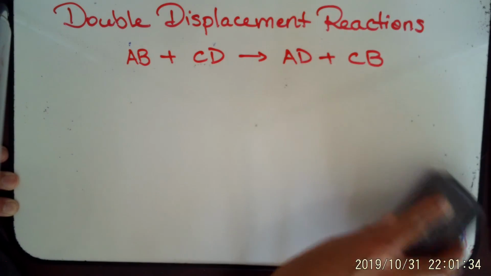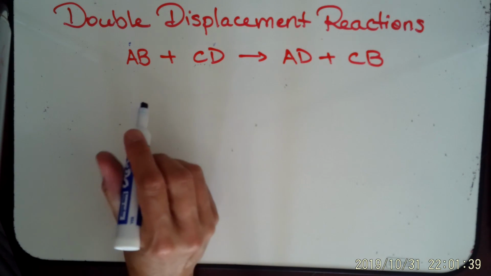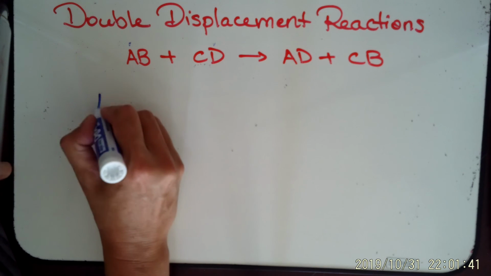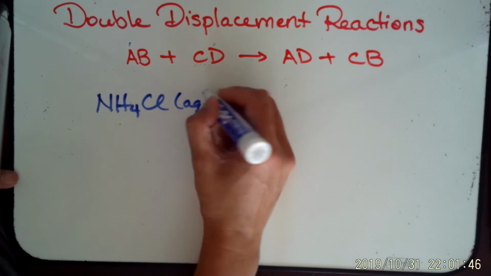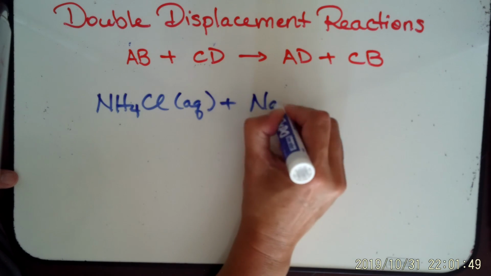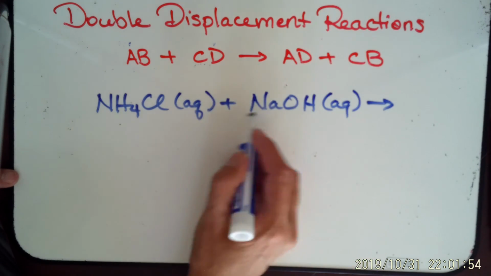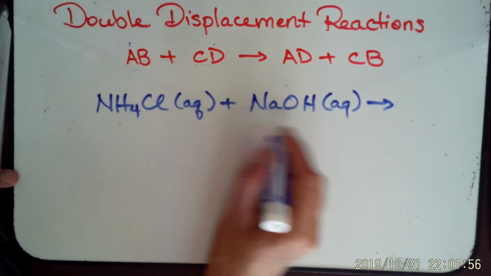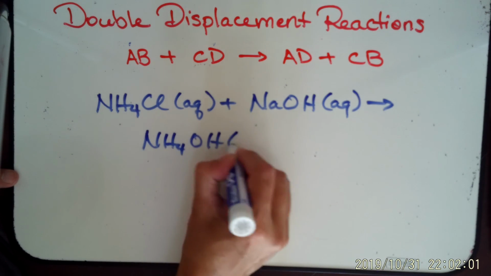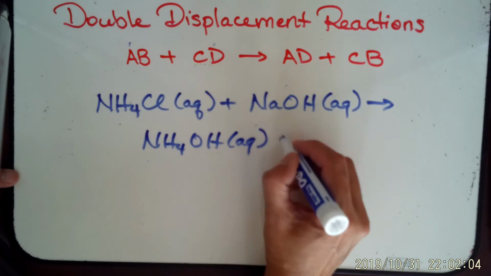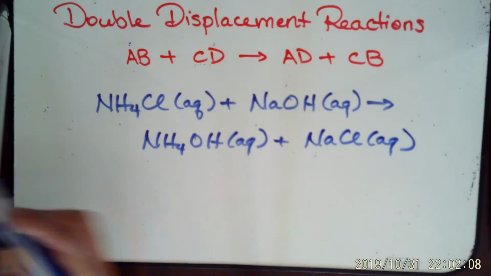The last one you want to be aware of is a formation of ammonium hydroxide. So if I take ammonium chloride and I react it with sodium hydroxide, you're going to form outer ammonium hydroxide and inner sodium chloride. But what happens is this.